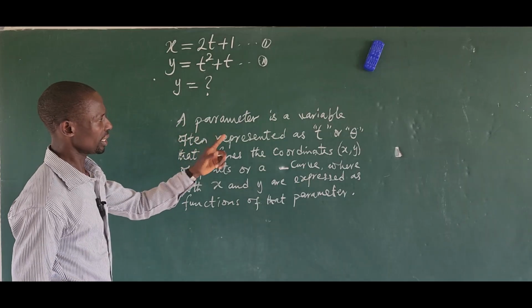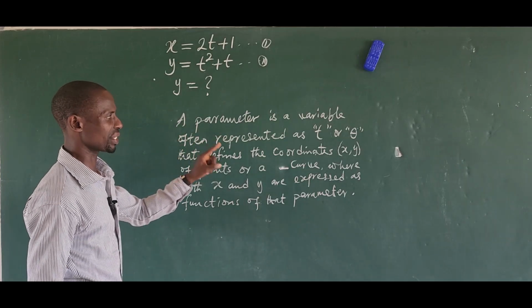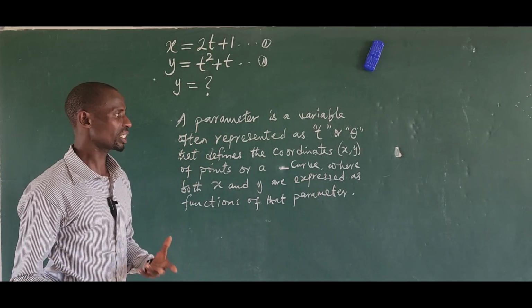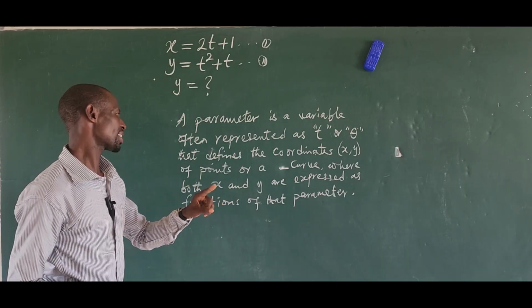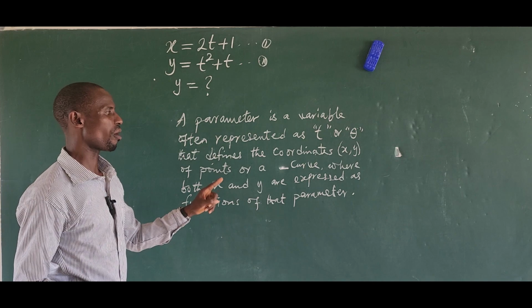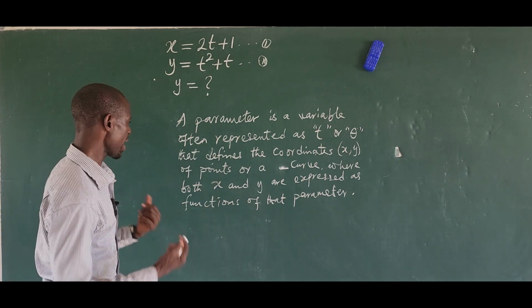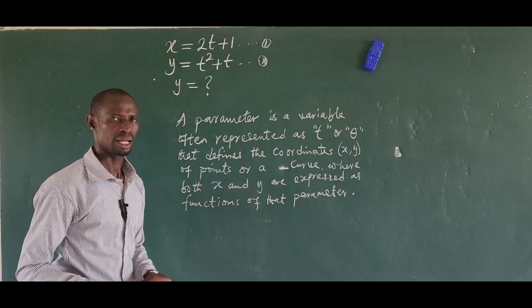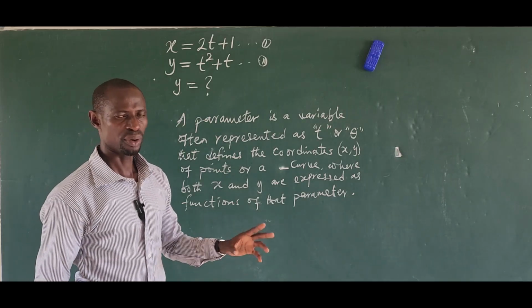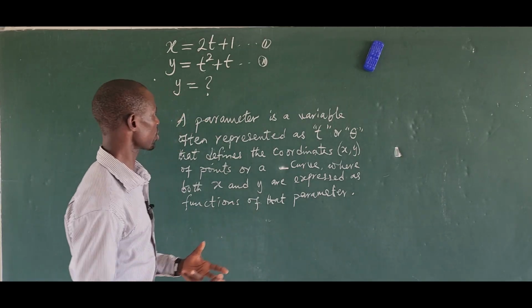A parameter is a variable, often represented as t or theta, that defines the coordinates x and y of points on a curve, where both x and y are expressed as functions of that parameter.